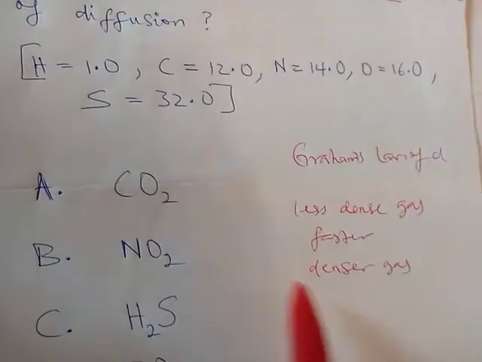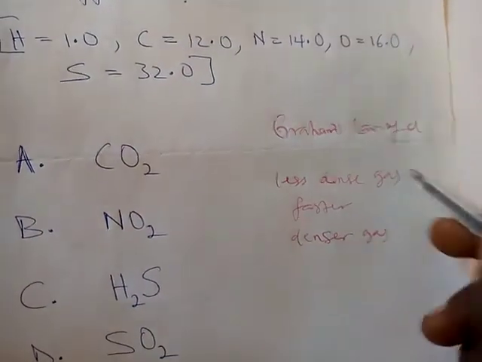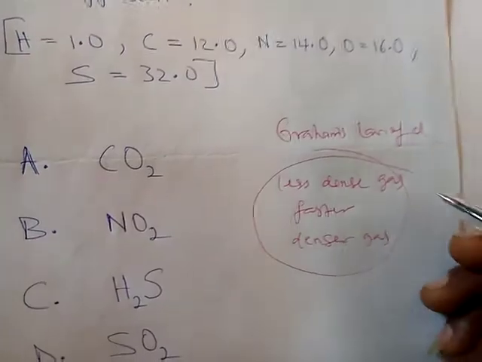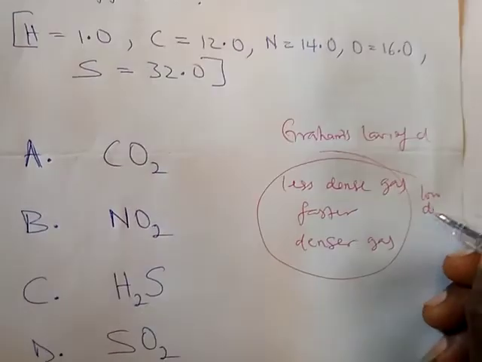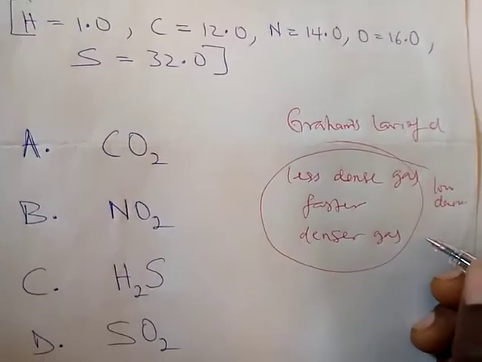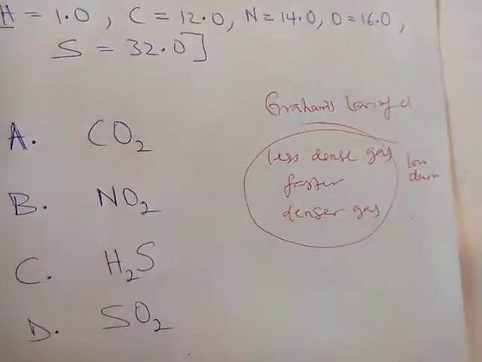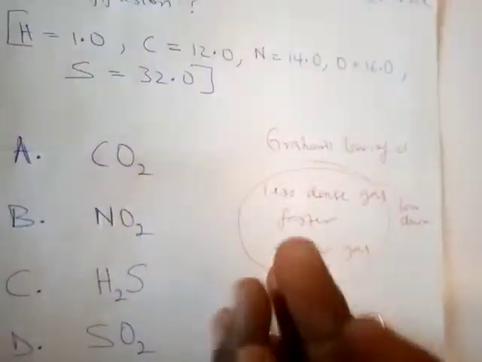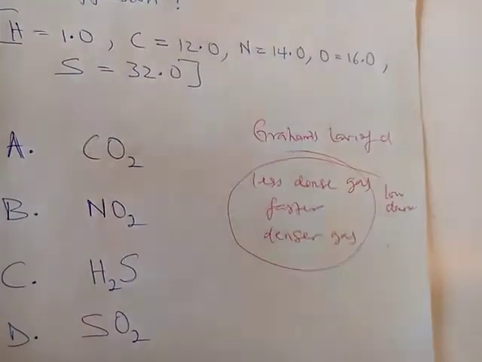What do we mean by denser? A more dense gas. A gas that has a low density will diffuse faster than a gas whose density is more. So rate of diffusion has to do with density.